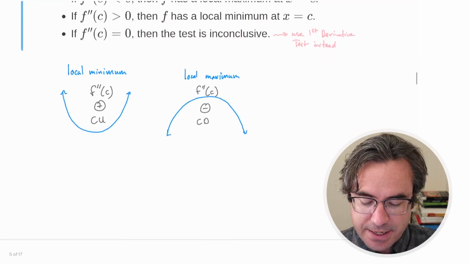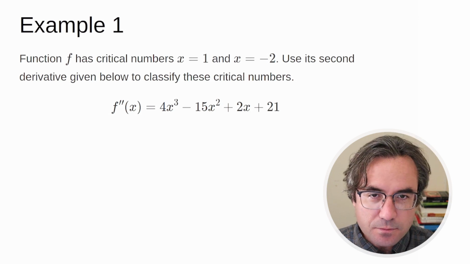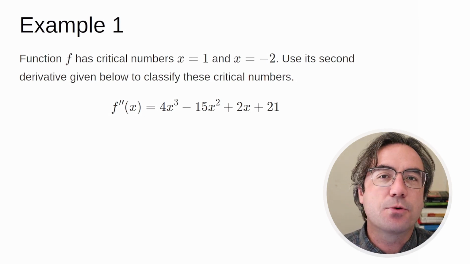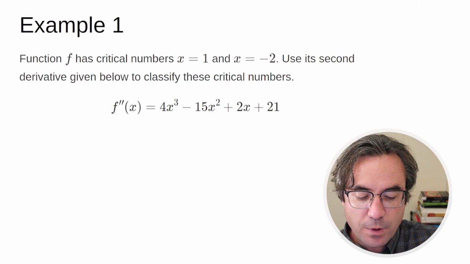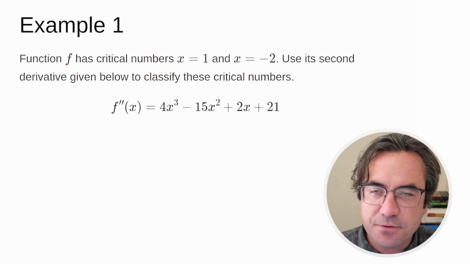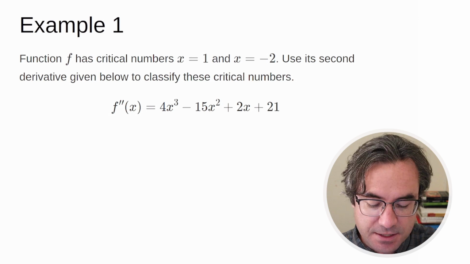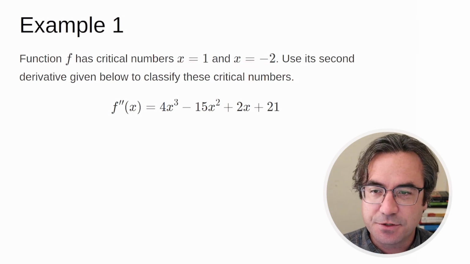So let's try one example. We're going to look at example 1, just to get a little feel for how this test works. Let's suppose we've gone through all the regular motions and found where our function f has critical numbers. We've calculated our first derivative, set it equal to 0, and solved for x, and found these two critical numbers, x equals 1 and x equals -2.